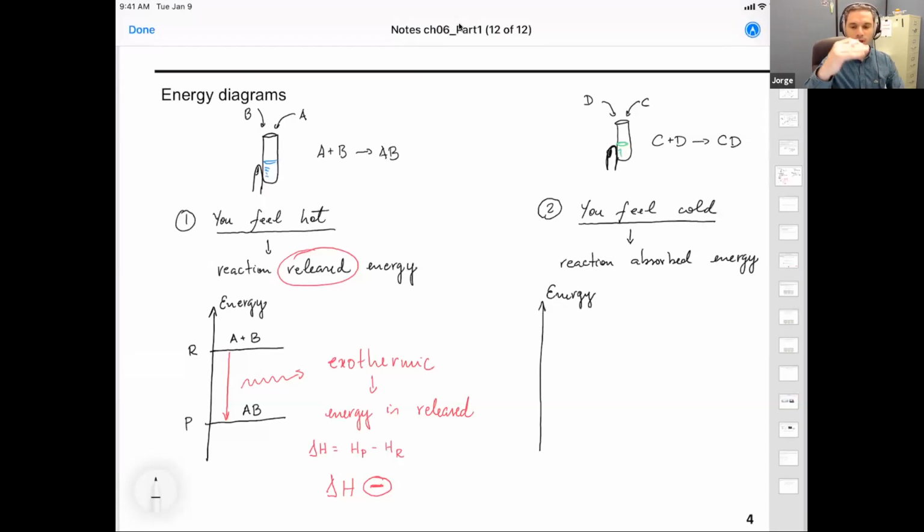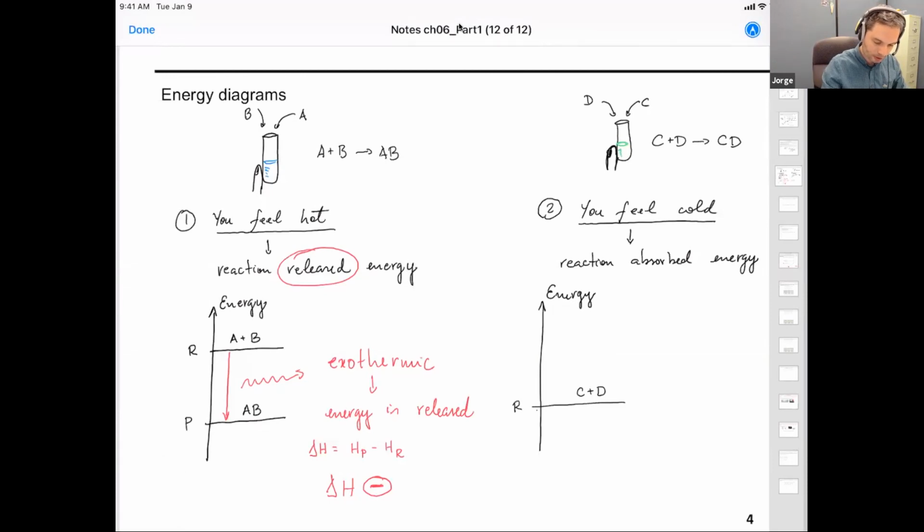And the position in the energy diagram will tell us if the energy of the products is higher, lower, or the same as the reagents. So let's start here with the reagents. I'm going to put here an R for reagents. And in this case, the reagents are C plus D.